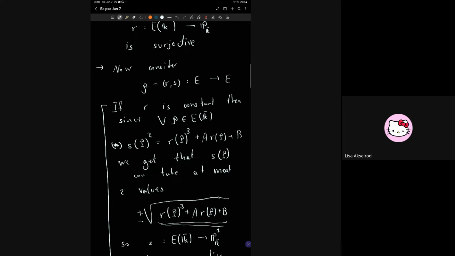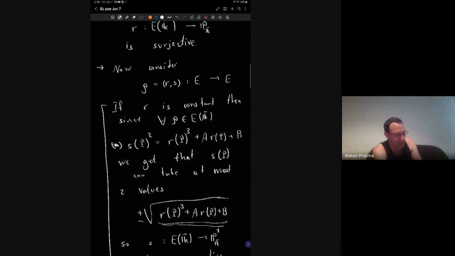That's clear, right? Because I need to satisfy this equation star all the time. If the right-hand side is always a constant expression, R of P is always constant, then the left-hand side must be constant as well.